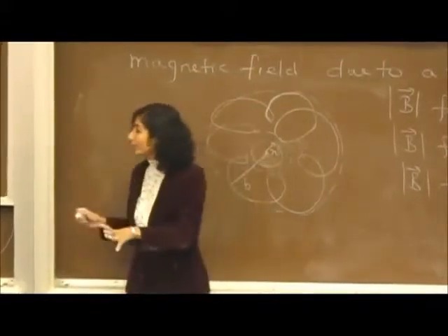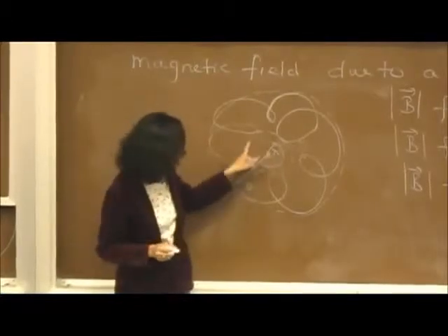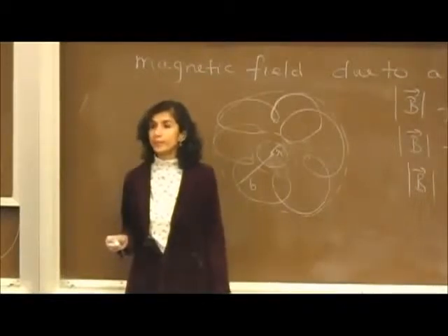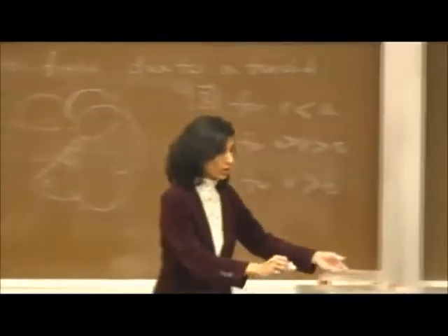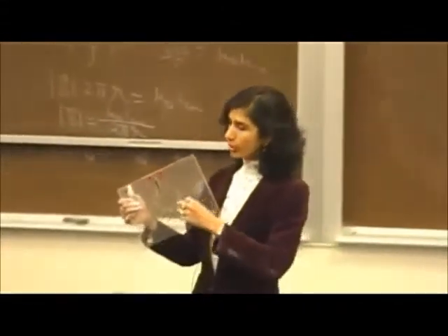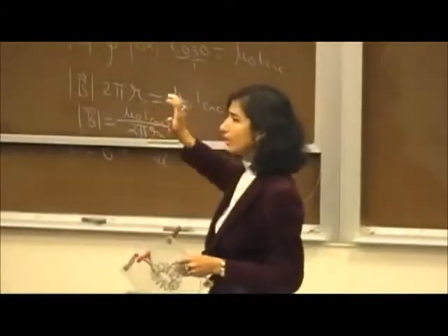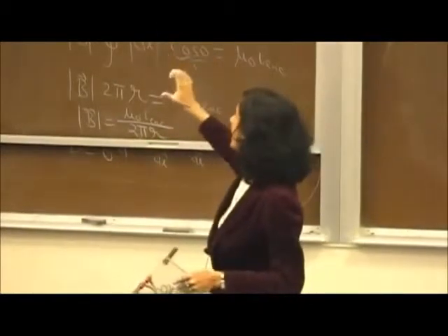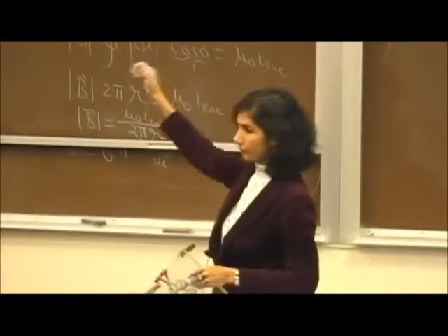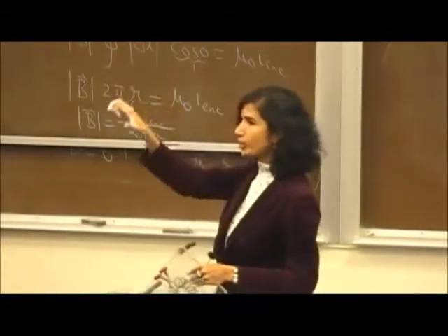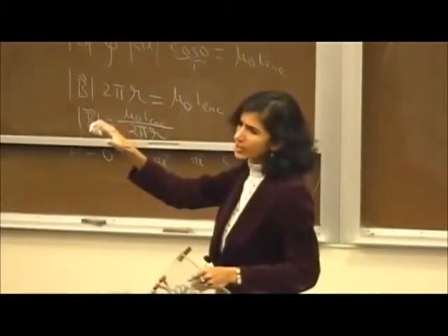Now the question that I have for you is, how much is the current that is enclosed here? Think about it. Remember we said how to find the current enclosed. If you choose the loop in a certain direction, suppose I choose my dl to be like this, then you put your fingers in the direction of the loop, the dls, and anything that points towards you, we'll choose as positive current.